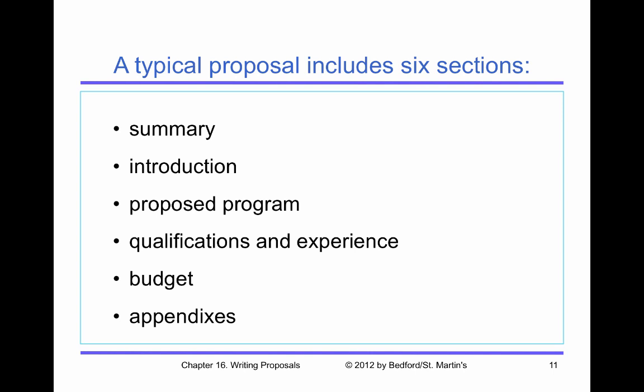And then appendices are kind of a general category. This is back matter, things that you've decided to include in the document, but inserting them into the body of the document would kind of break up the document too much, and so you put them at the end, and so you have that option.